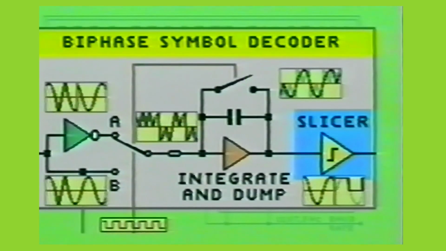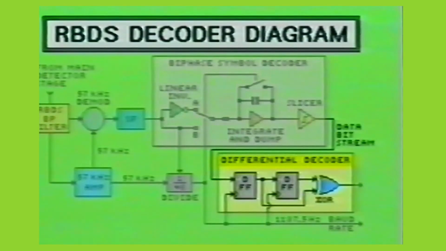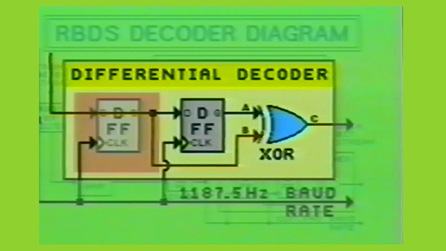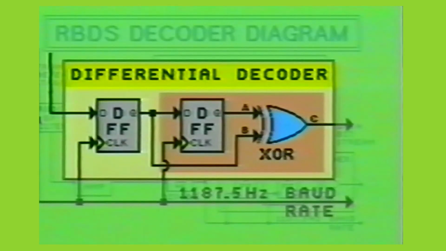The differential decoder consists of two D-type flip-flops and an exclusive OR gate. The first D-type flip-flop acts like a logic buffer to keep the slicer from introducing untimely logic changes to input B of the exclusive OR gate, which would result in data error at the output C. The second D-type flip-flop, combined with the exclusive OR gate, performs the actual differential decoding.